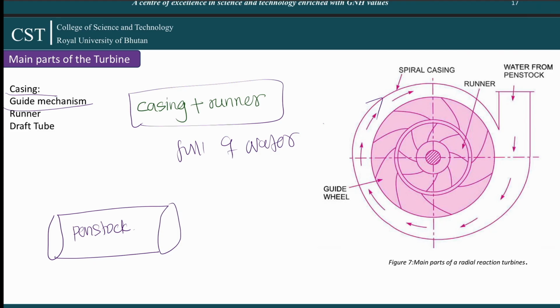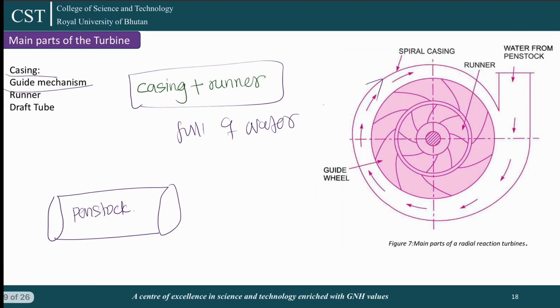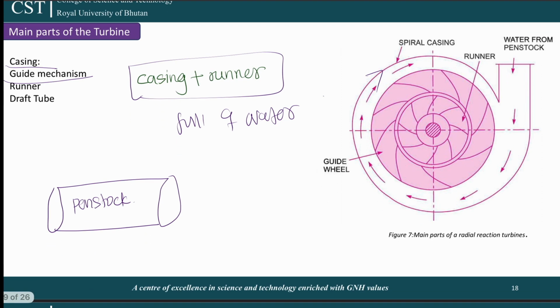The next part is the main parts of the reaction turbine, and the first one is the casing. As mentioned earlier, the casing and the runner are full of water when running. The moment water is taken out from the penstock, it enters this casing, which means the water stays in a closed region throughout its journey.